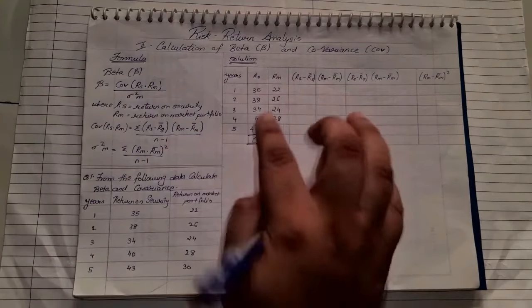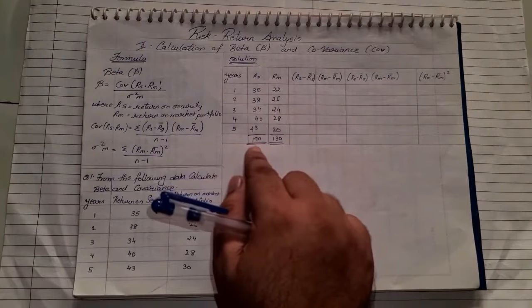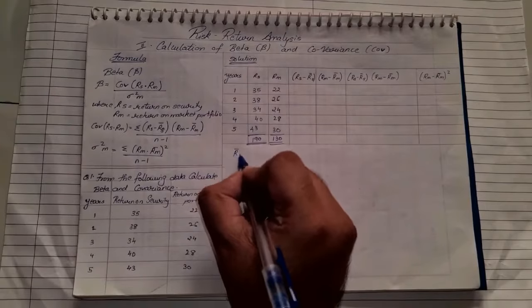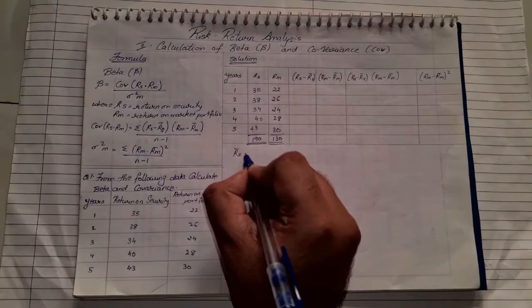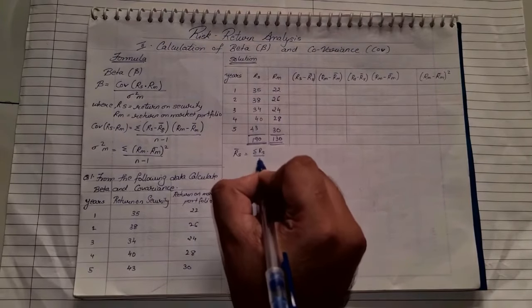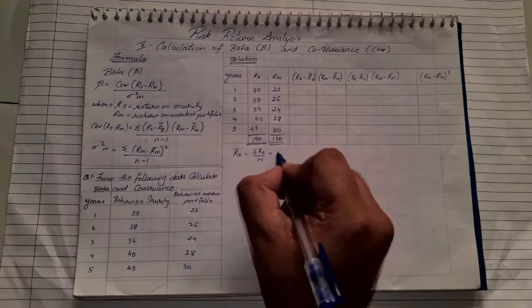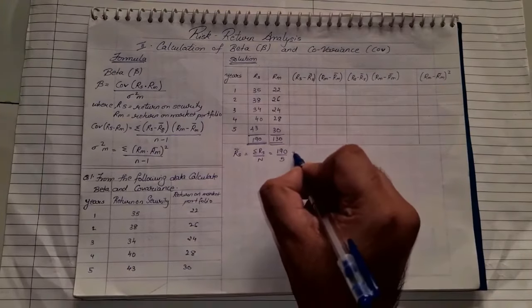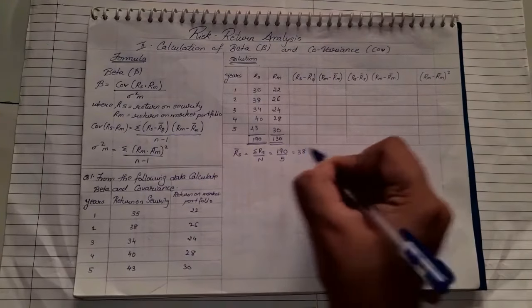Now once we have noted the totals of return on security and market, the next step is to find R bar S, that is the average of return on security. That is nothing but summation of RS upon number of years, which is 190 upon 5, which comes to 38.